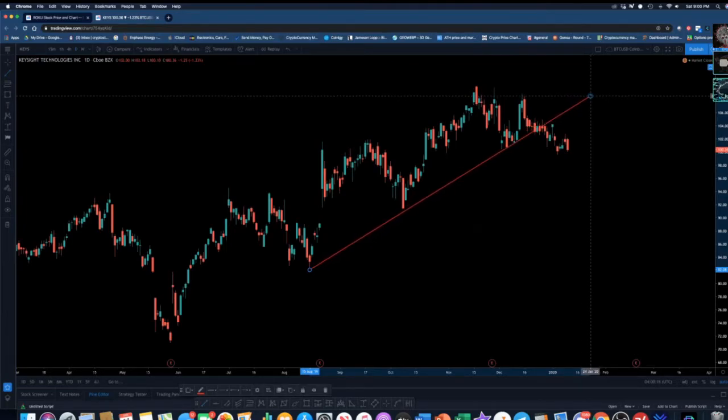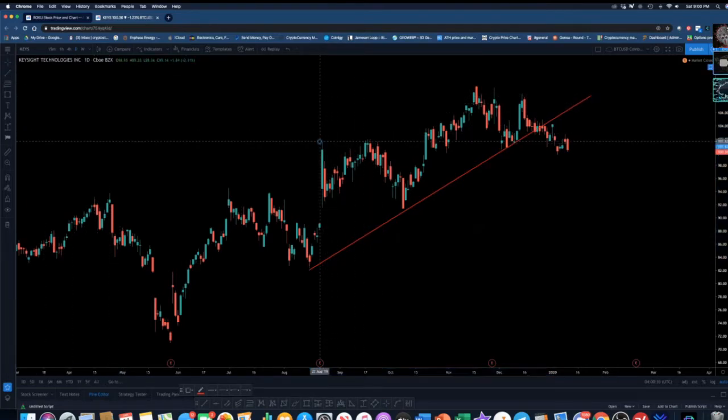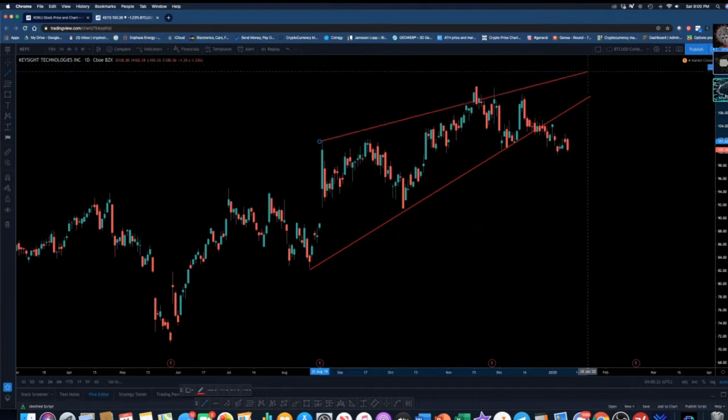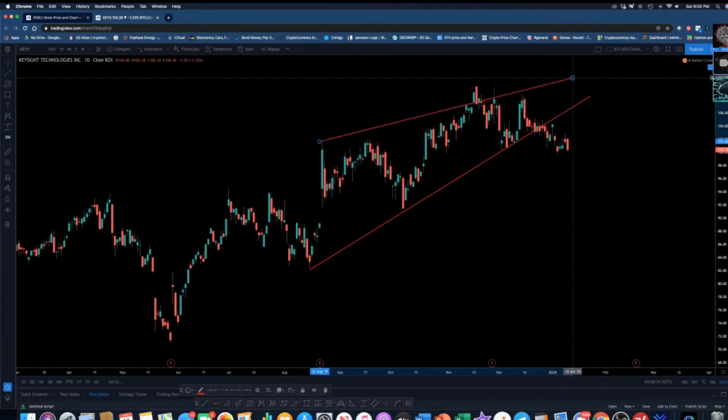So if you can play support and resistance and find typical breakout points, you can trade options. It's just a matter of not being an idiot and having risk management. If you don't have that, that's where people struggle. If you've got that on lock, you're good to go. And these guys aren't idiots.